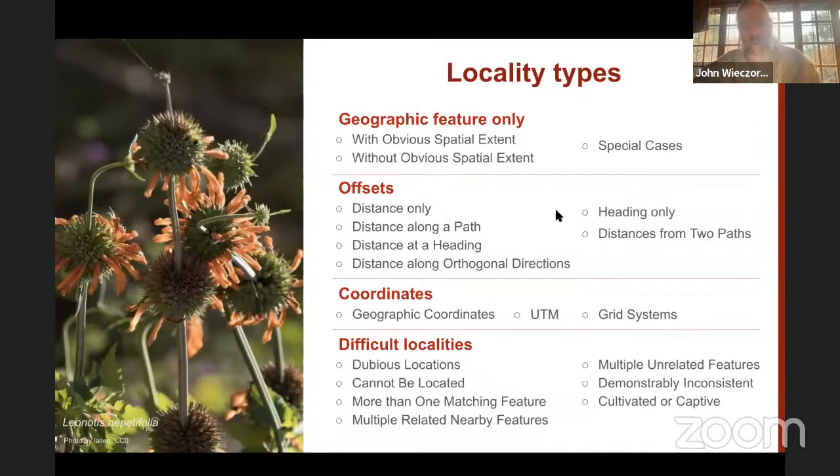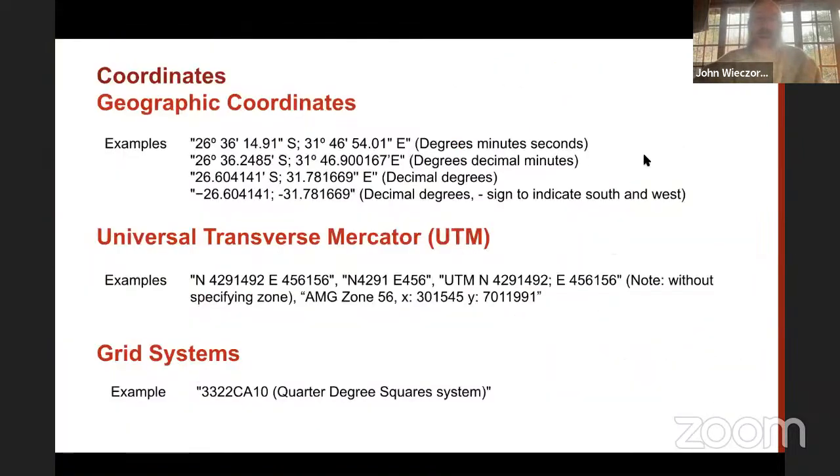Now we get into ones that are slightly more simple, the coordinates. Paula talked a lot about coordinate systems. We've got the geographic coordinates, of which you've seen all three of the different formats: the degrees, minutes, seconds, the degrees, decimal minutes, and the decimal degrees.